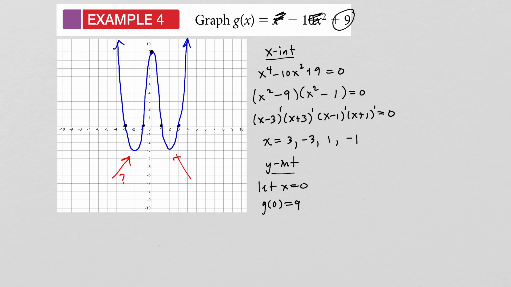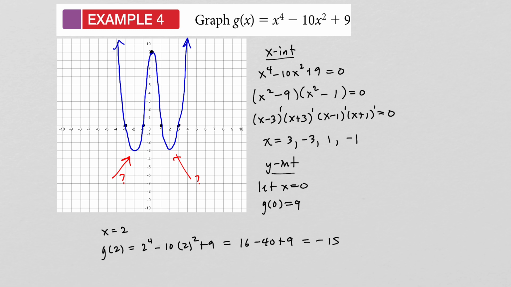I don't know if it comes down that far or if it comes down a little bit farther. If I really want to know the answer to that question, so if I really want a very accurate graph, I would have to plug in a point like x equals 2. I can do that really quick here. If I do that, I get 2 to the 4th minus 10 times 2 squared plus 9. This is going to be 16 minus 40 plus 9.